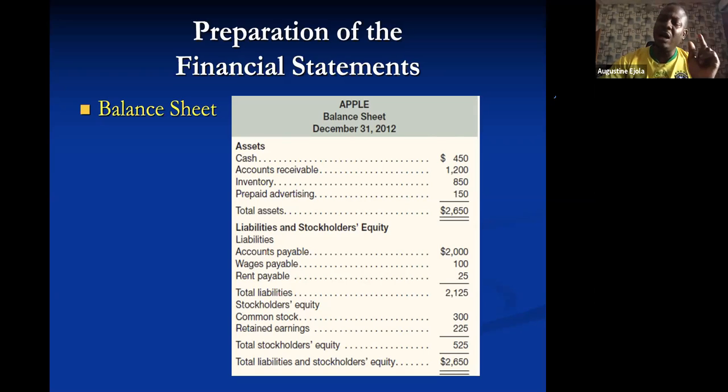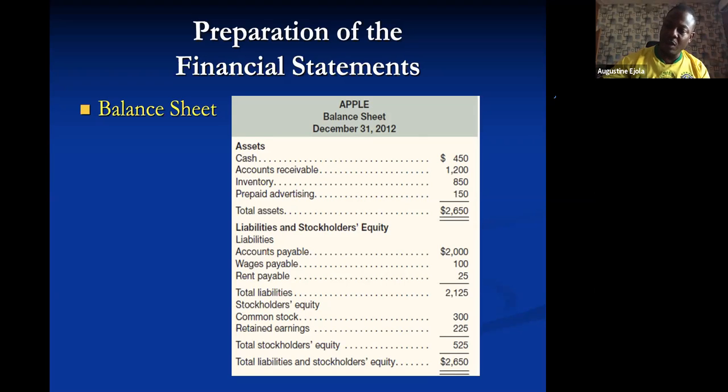Mind you, when you use the word dividend, it has to be in the context of the situation, because it is possible for you to see dividend as an income if you have invested in another company.